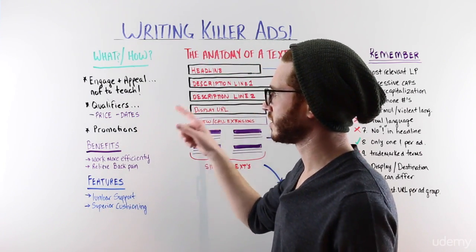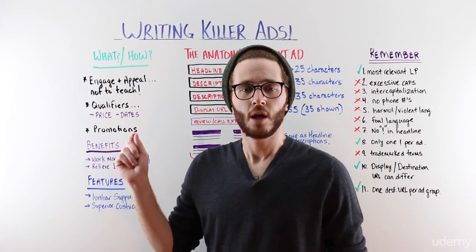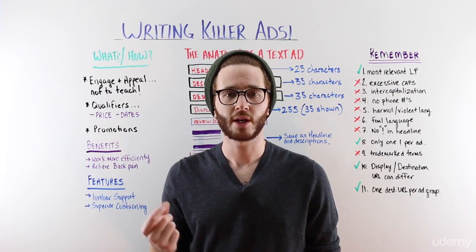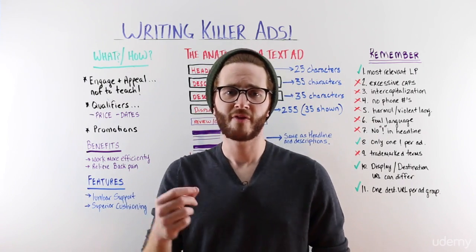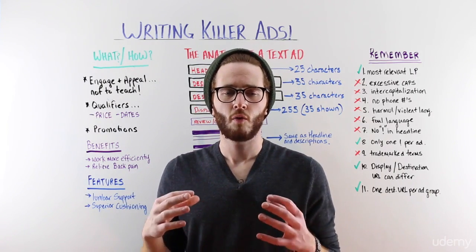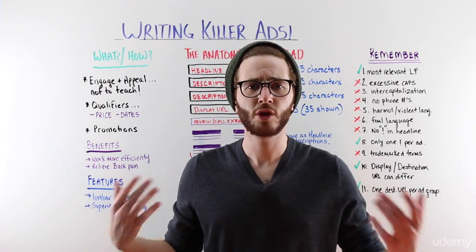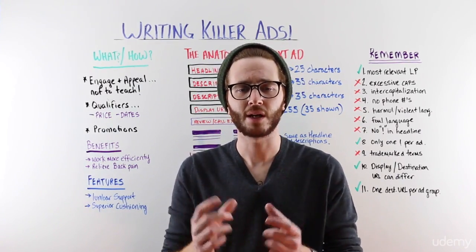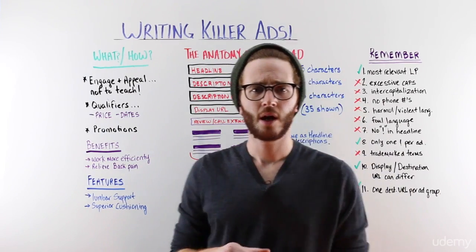Another important thing to keep in mind is qualifiers. It's very easy to spend a lot of money on clicks that won't generate buyers because we're so limited in what we can say, how much real estate we have in our ads, how much we can actually convey in our ads. We're very limited, and we'll talk about the anatomy of an ad in a moment.